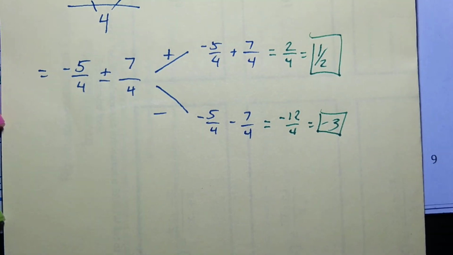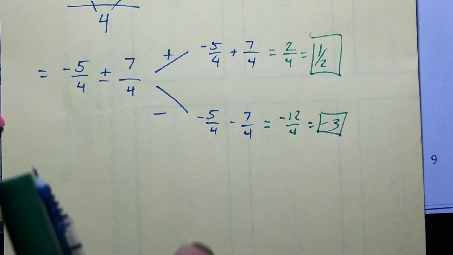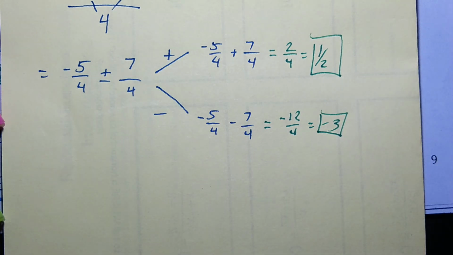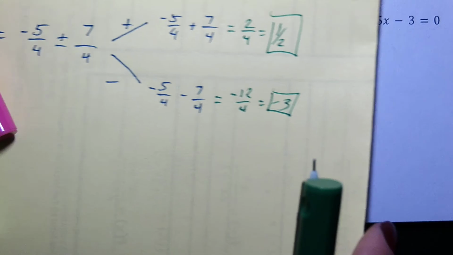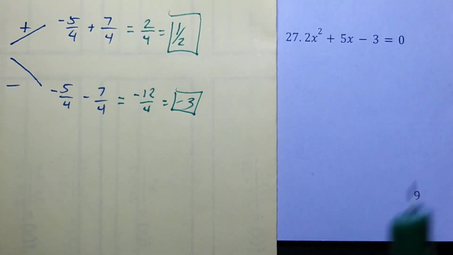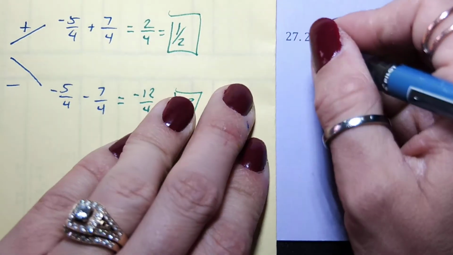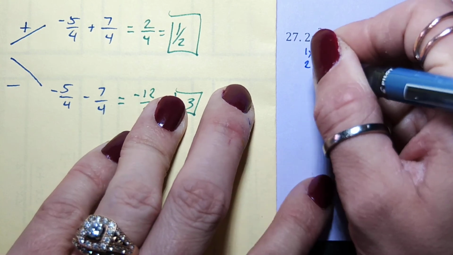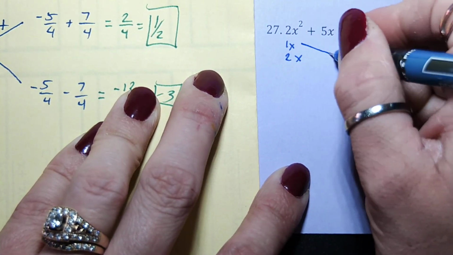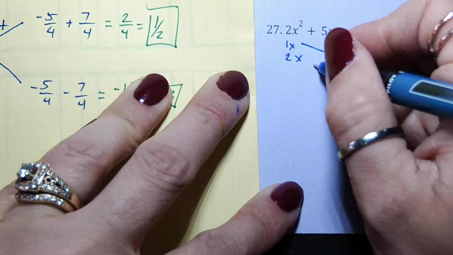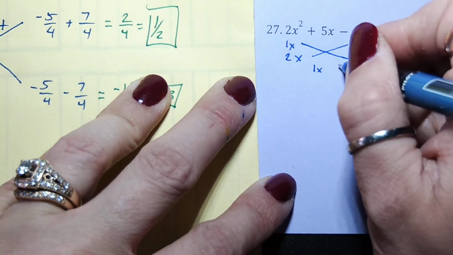It is much more involved doing this with the quadratic formula versus factoring it. So I wanted to show you this way so you can see when the plus minus case comes into play. But ultimately, to avoid all of this headache, we could have just factored this using the x method. So 1x and 2x. Let's do 3 and 1. 1x times 1 is 1x. 2x times 3 is 6x.